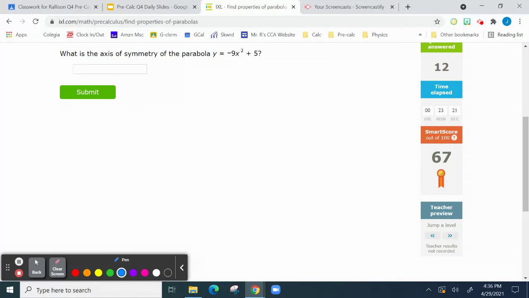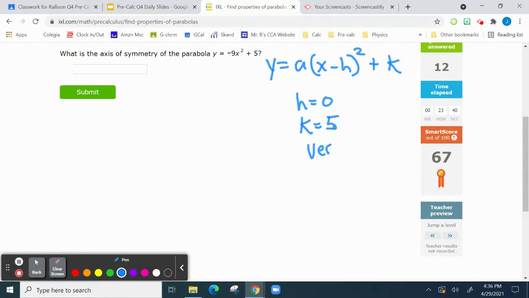All right, so y equals a(x minus h) squared plus k. Our h is 0 and k is 5. So our vertex is 0, 5. And the axis of symmetry goes through the vertex.